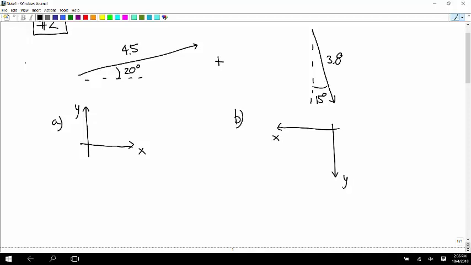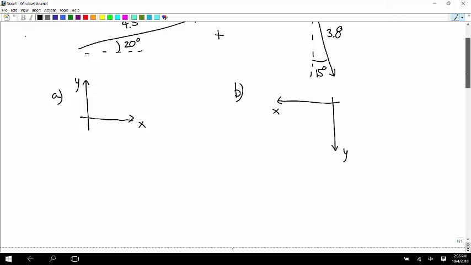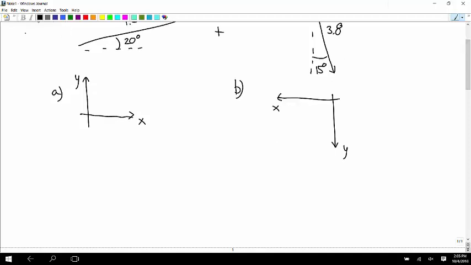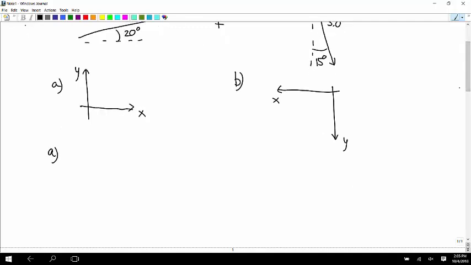So for part A, the key idea here is with the vectors, those don't rotate. This vector never changes from this orientation. And then the coordinate system, whatever coordinate system it is, you just take the tail and put it at the origin of that coordinate system.